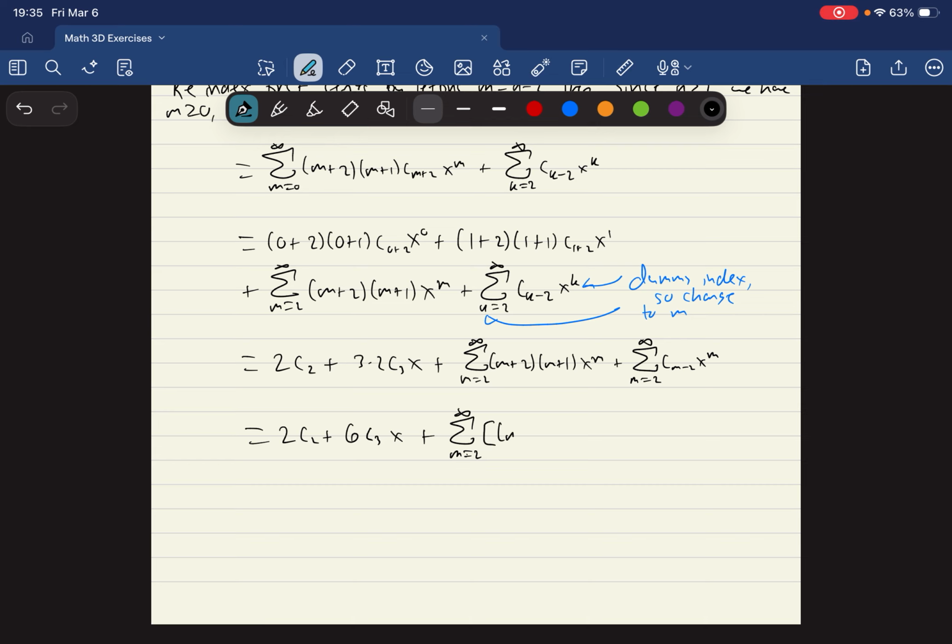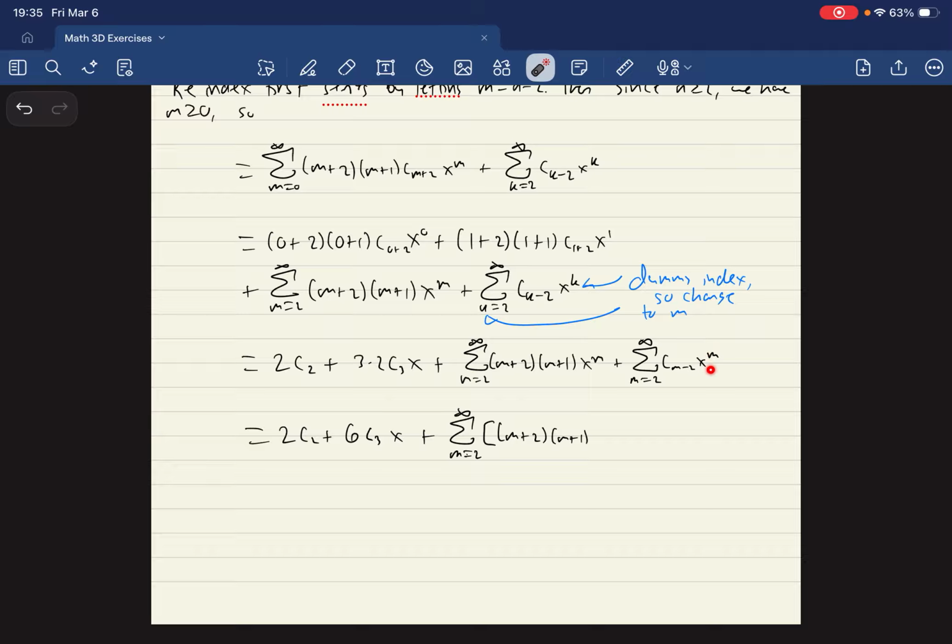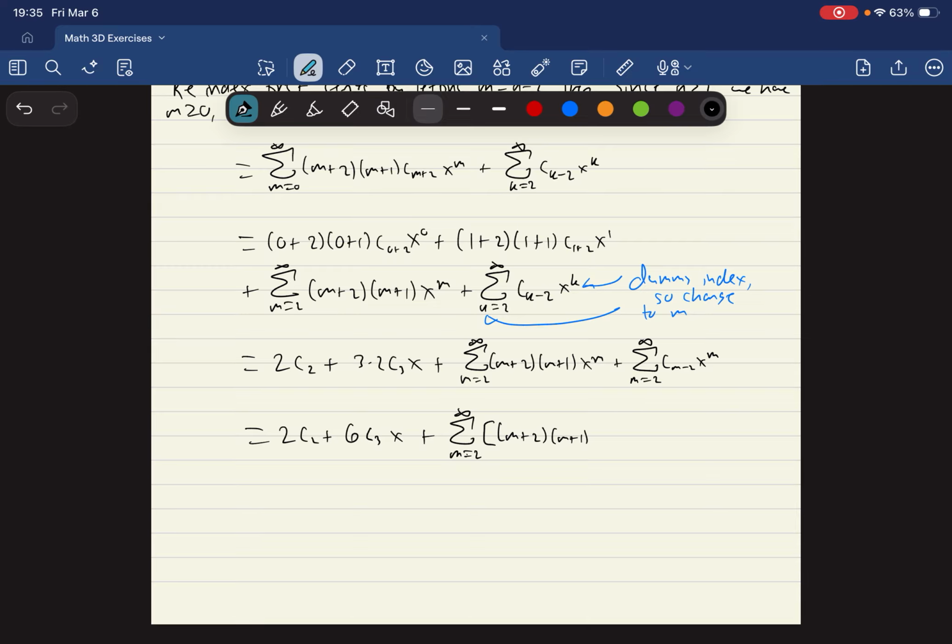We're going to get (m plus 2)(m plus 1). And if I factor out the x to the m from both terms, oh, I forgot my coefficients. Oops. Plus, my bad. If I factor out the x to the m from both, I'm going to get c sub m plus 2, plus c sub m minus 2, x to the m. And again, all of this is equal to 0.